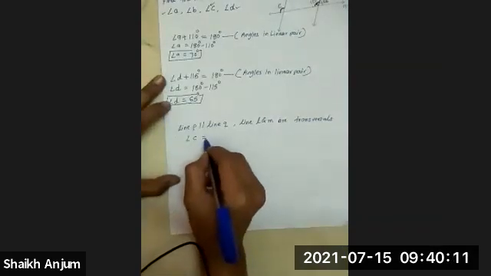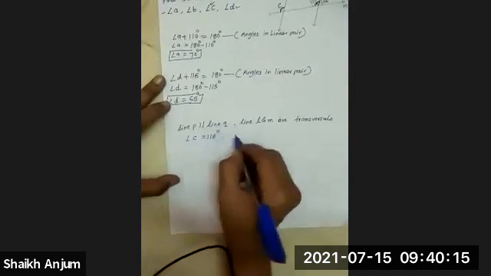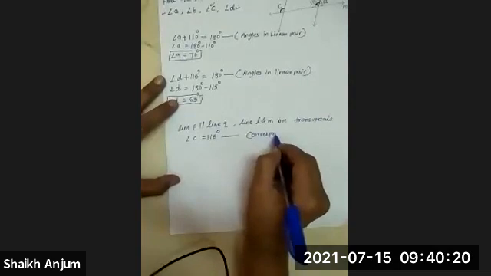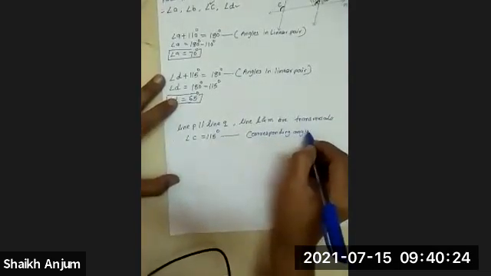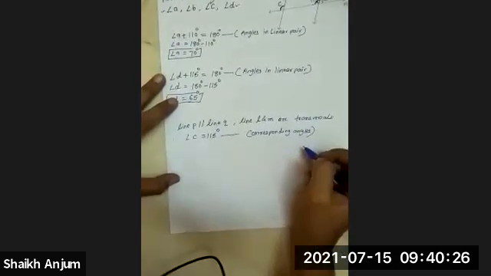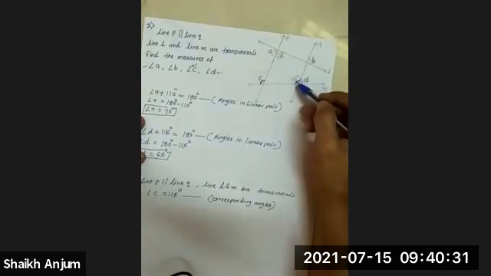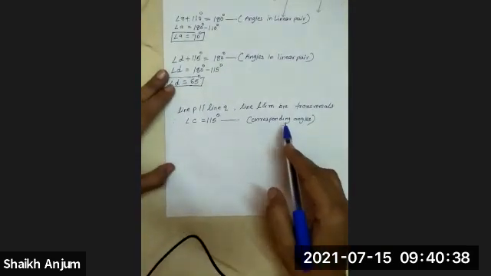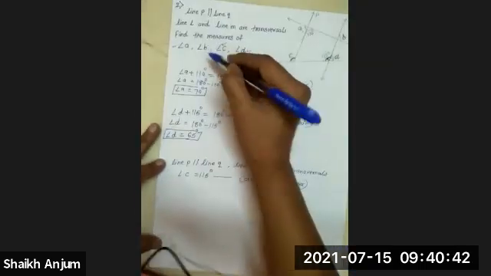C is equal to 115 degree because of corresponding angles. The label of this angle is not given, so we directly take the value by the corresponding angle property. Now regarding angle B.